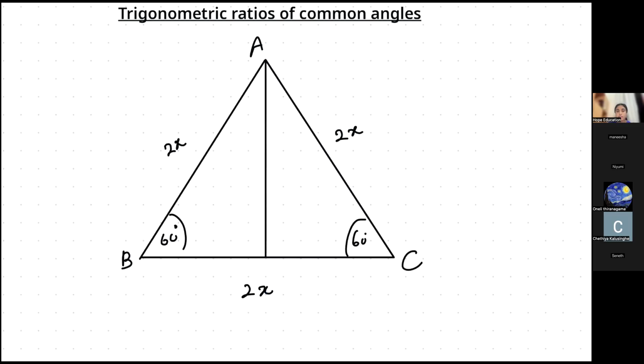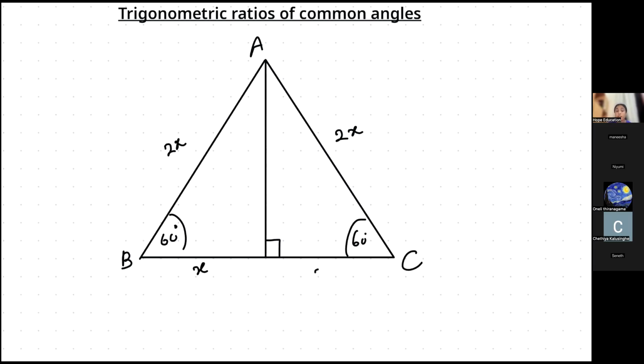You know, in an isosceles triangle, because this equilateral triangle is also an isosceles triangle, no? When you draw a perpendicular from the apex of an isosceles triangle downwards, that will divide the base equally. If you know this entire side is 2x, dividing equally means one part would be x. This would be x and this would be x.